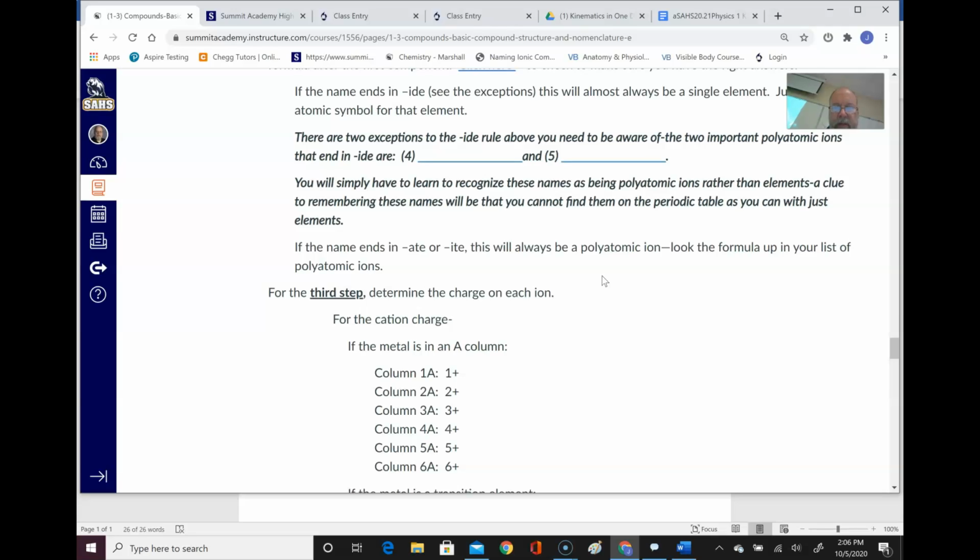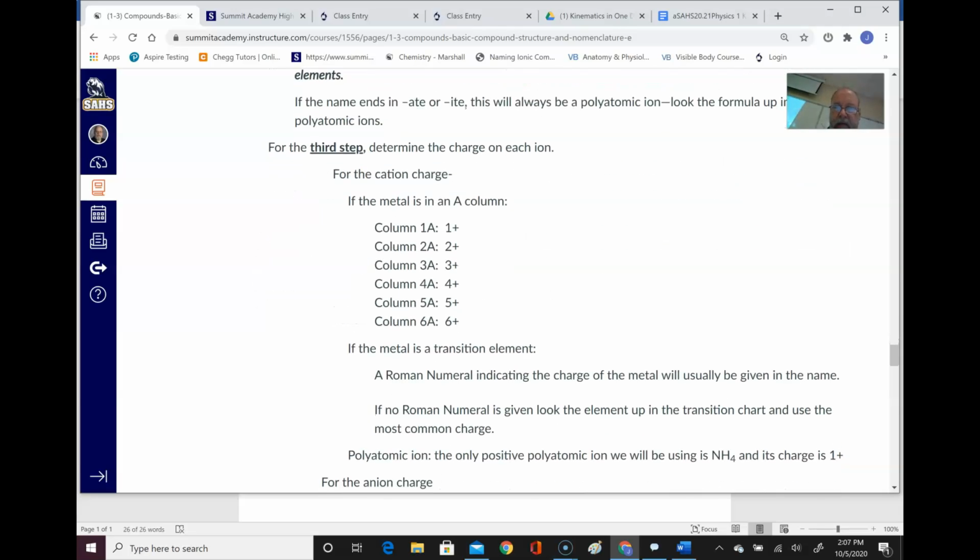So for the third step then, determine the charge on each ion. For the cation charge, if the metal is in an A column, you'll just go by the number of the A column. 1A, 1 plus, 2A, 2 plus, 3A, 3 plus, 4A, 4 plus, and so on.